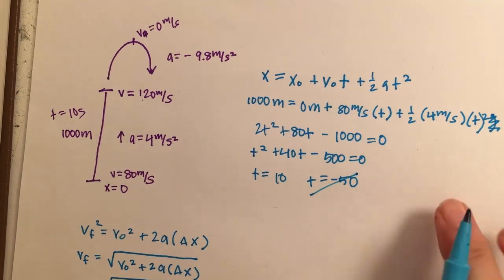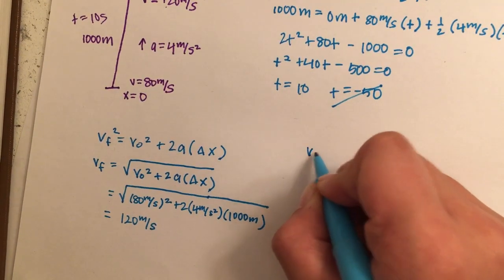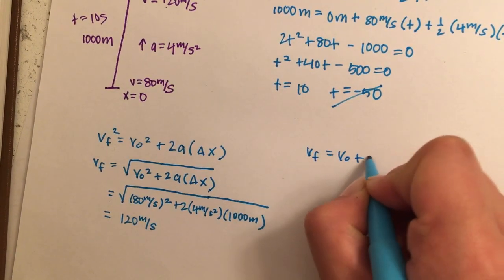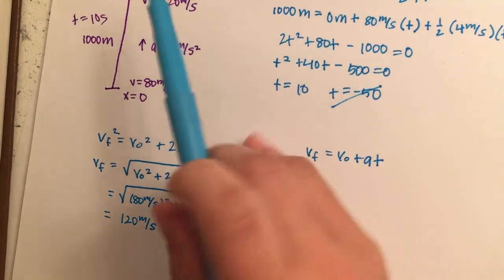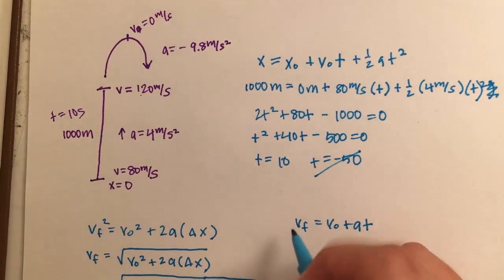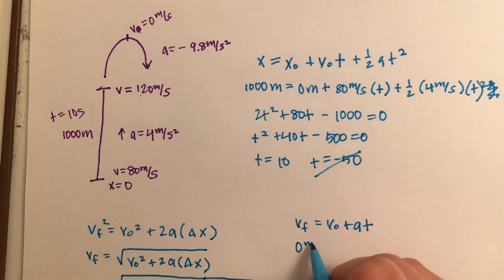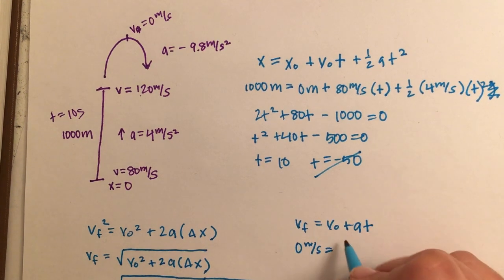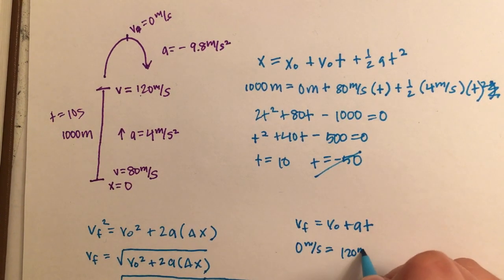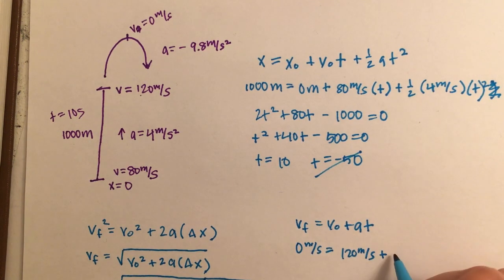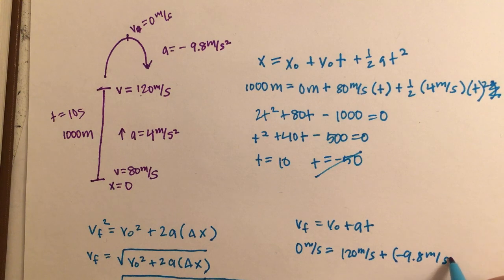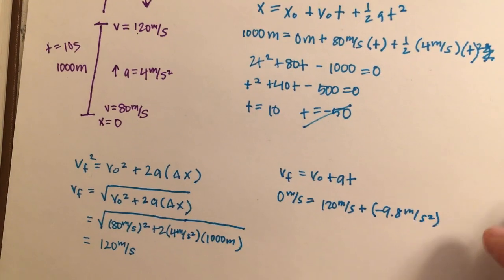To do that, you can use the kinematic equation, velocity final equals velocity initial plus acceleration times time. The final velocity is 0 meters per second, equals the initial velocity, 120 meters per second, plus the acceleration, which is gravity, negative 9.8 meters per second squared, times time.